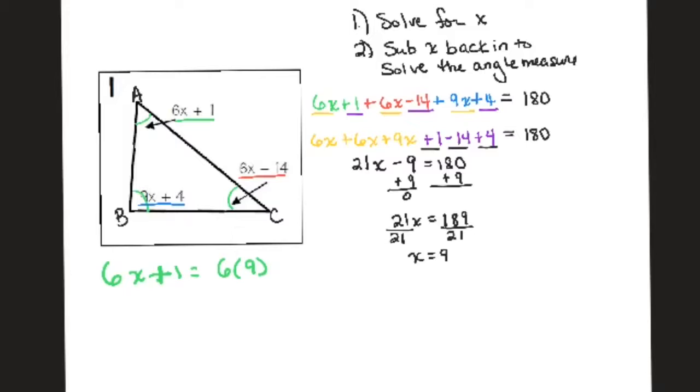We said x is 9, so 6 times 9 plus 1 is equal to, well, 6 times 9 is 54, because 6 times 10 would be 60. So take a group of 6 off, is 54, plus 1 is 55. So we know that the measure of angle A is 55 degrees.